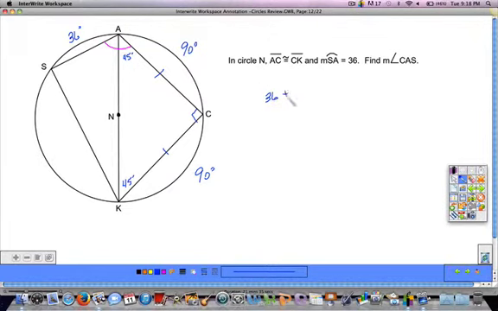So 36 plus 90 adds up to 216. And then we need to do 360 minus 216. And we should end up with 144. So over here is 144 degrees.